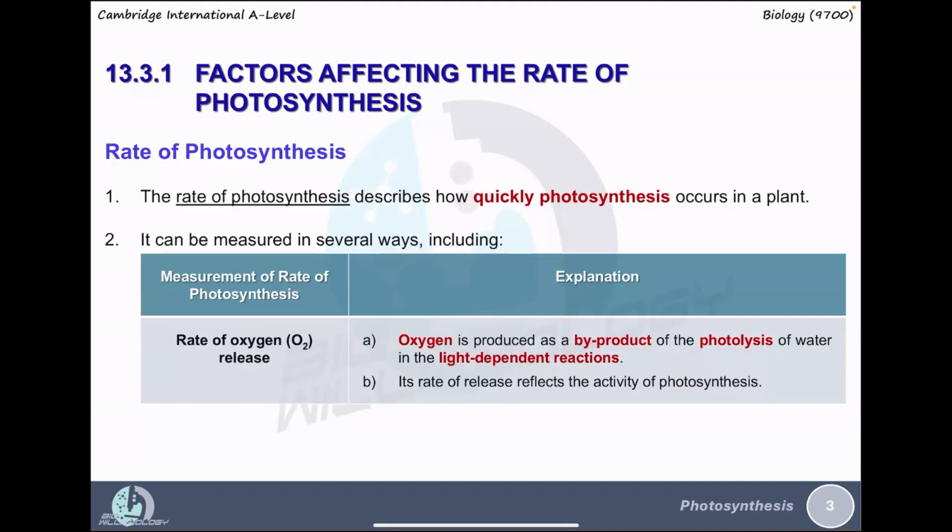More specifically, it is during non-cyclic phosphorylation. So therefore, measuring how fast the plant produces O2 during photosynthesis is a reflection of the activity of photosynthesis.